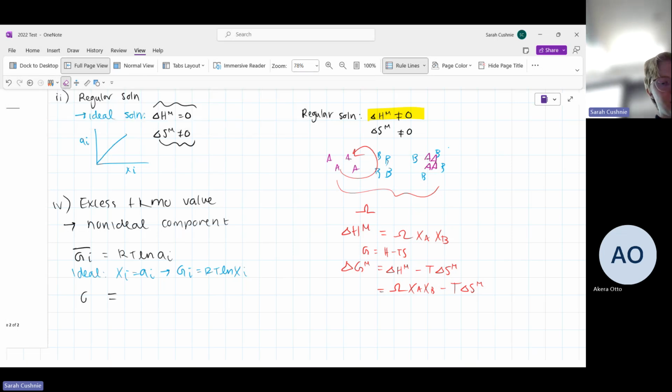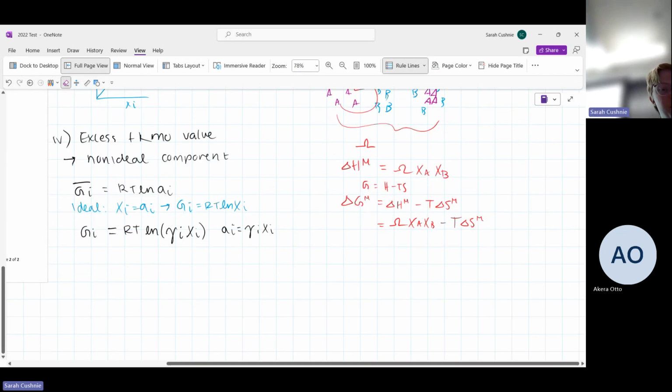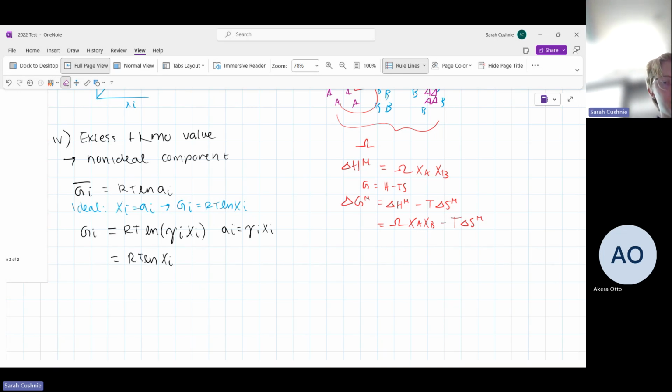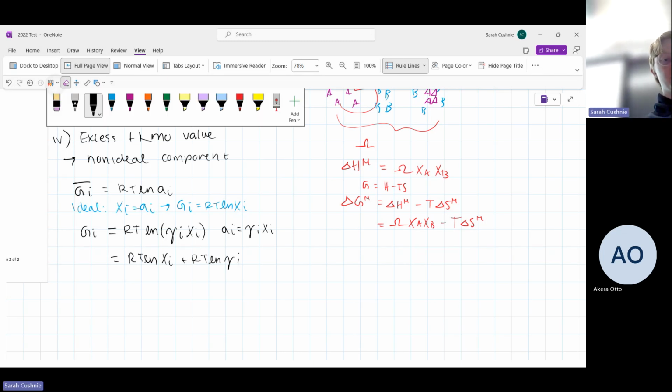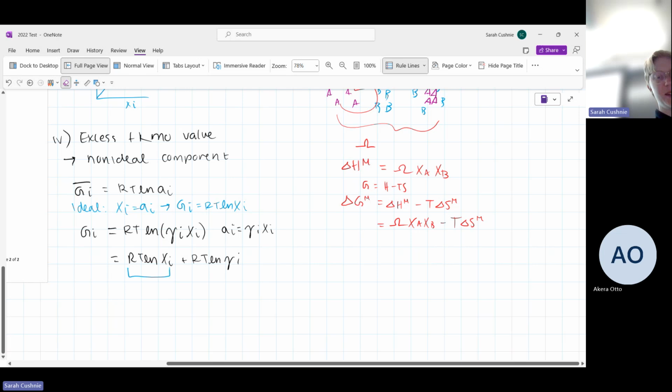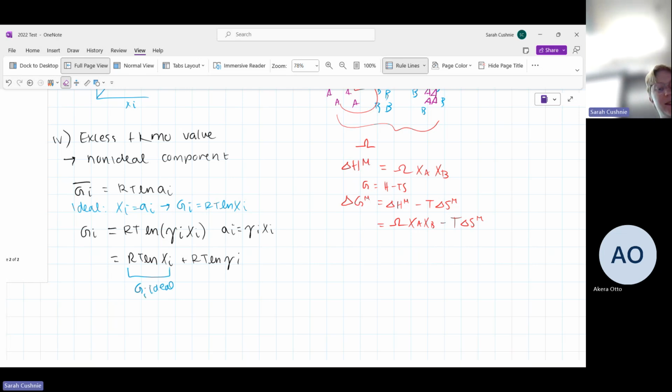Now we can define Gi is equal to RT ln gamma i xi, because we remember Ai is equal to gamma i xi. And if you were to split up this ln term using ln rules, you get RT ln xi plus RT ln gamma i. So what we see here is that our first term is the exact same as G ideal.